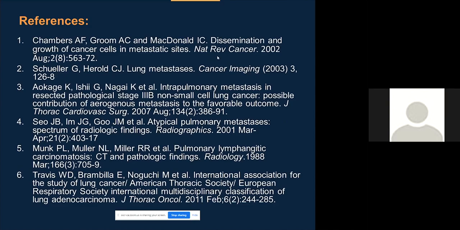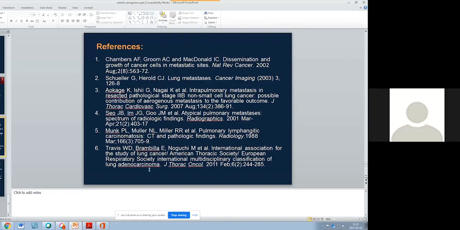All that being said, there are some references here that I'm not going to talk about. What I wanted to bring up to the discussion today is what we decided to study with OICR: we wanted to prove that aerogenous spread does occur.